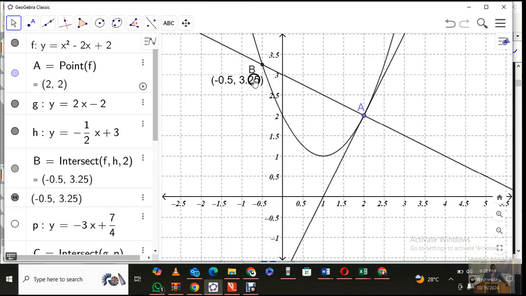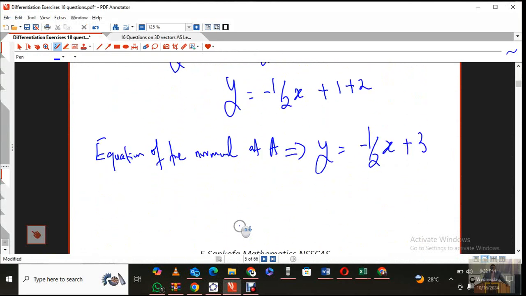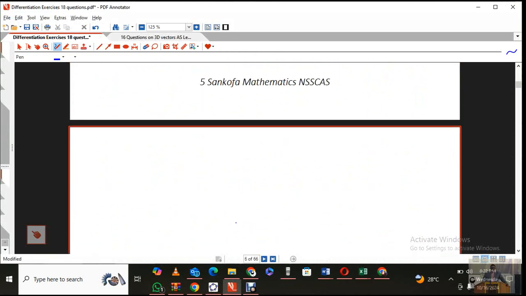So how are we going to go about finding this coordinate? So let's go back and use our algebra. So I'm going to just continue. What we know, remember, we're trying to find the coordinate. So when it says intersecting at the curve, remember the equation of the curve was nothing but y equals x squared minus 2x plus 2.